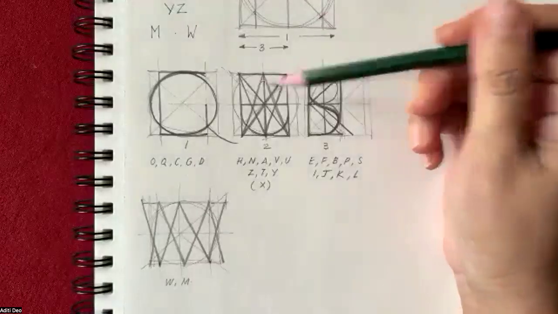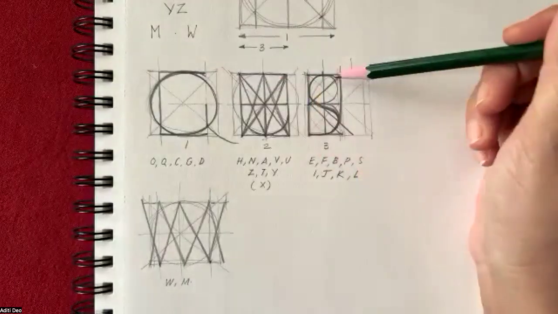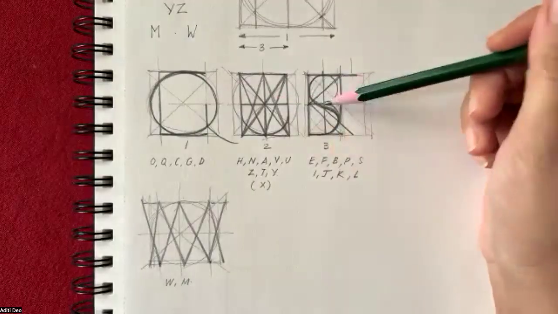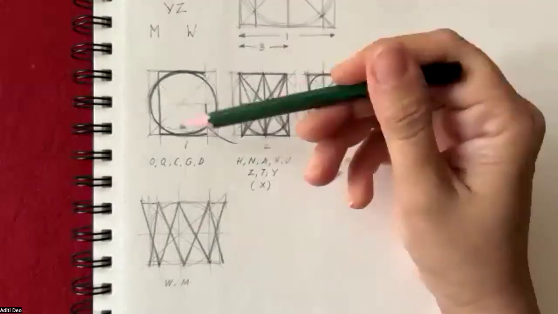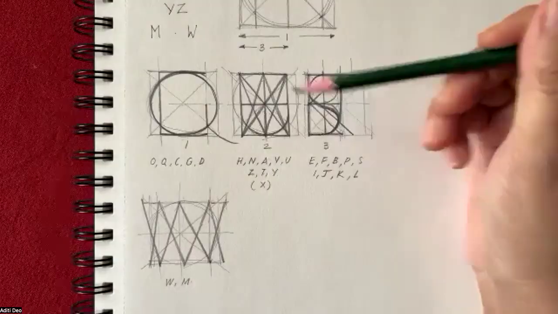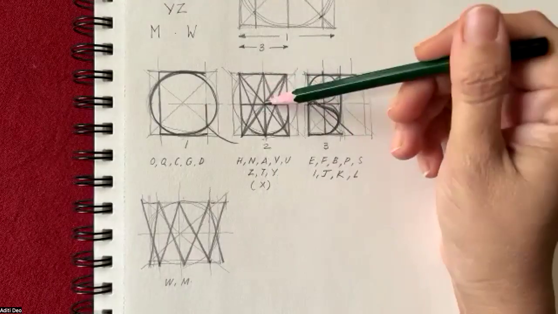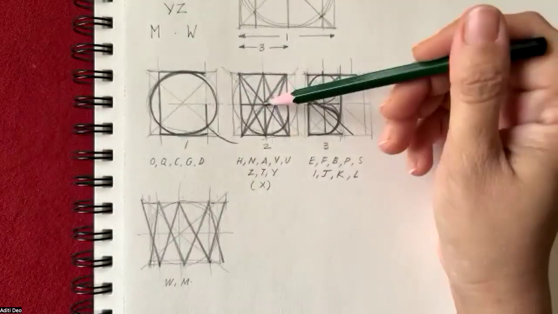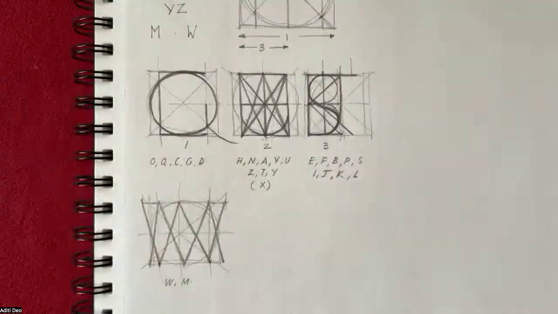Okay, so we have A, B, C, D, E, F, G, H, I, J, K, L, M, N, O, P, Q, R, S, T, U, V, W, X, Y, and Z. All done. I don't know why mine are not matching up.